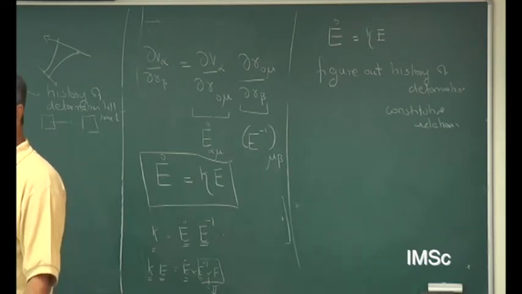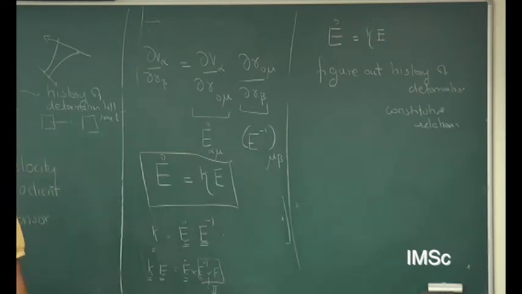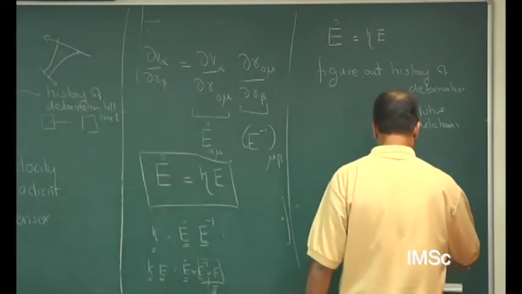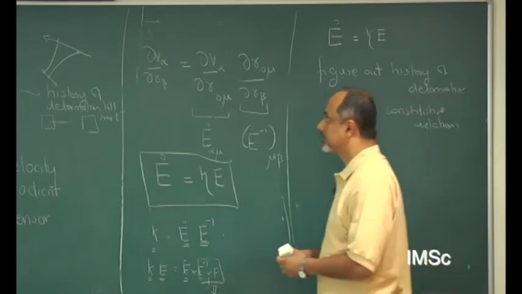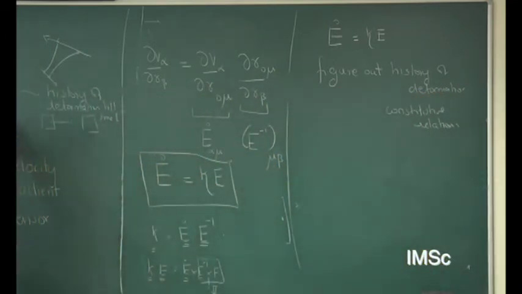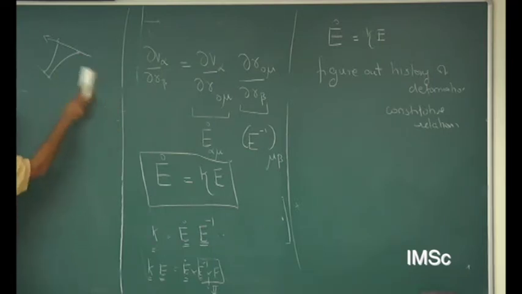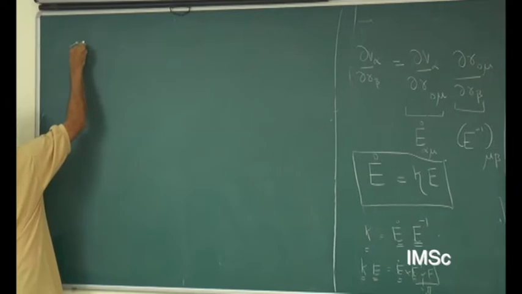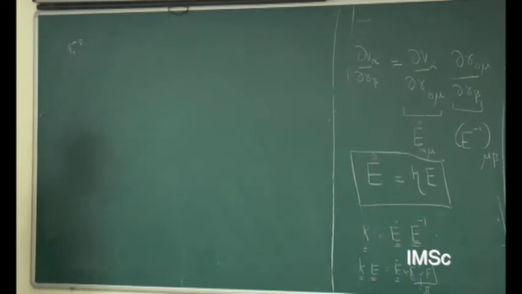So let's do a few calculations that are simple enough to actually demonstrate on the board. We are going to look at a situation where R0 is here, and at some later point, R is very close by.